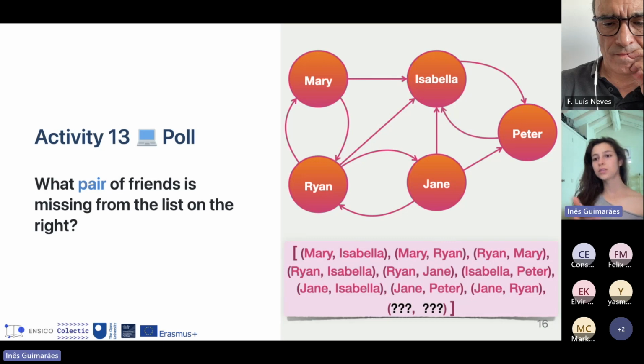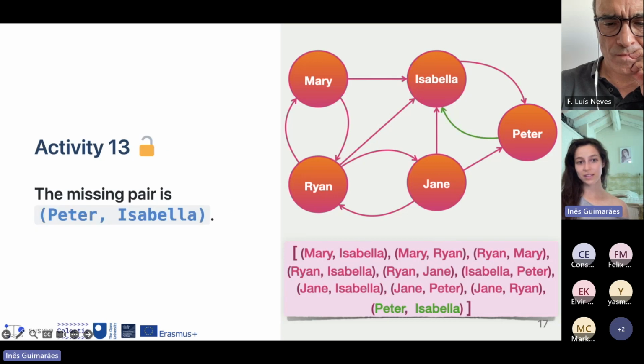And if you look closely, you see that Peter follows Isabella, but the pair Peter-Isabella is not here. None of these pairs starts with Peter, yet Peter follows Isabella. So that's the missing pair. This green arrow was the missing one.